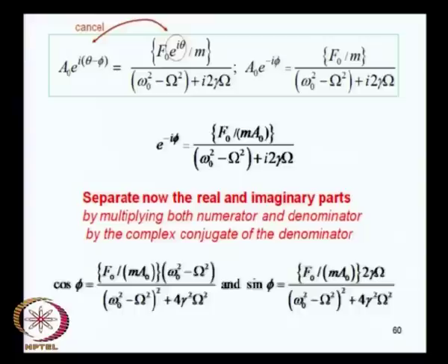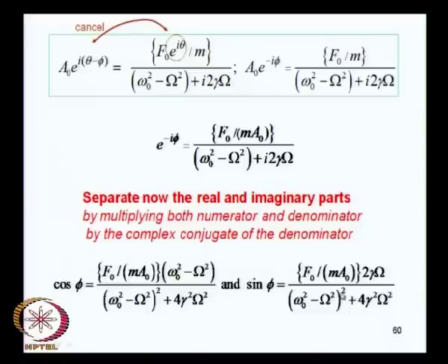Now, once you do that, you equate the corresponding real part. So, the cosine phi becomes equal to this quantity over here. Notice that the denominator is just the product of this number with its complex conjugate. So, you get the real part which is equal to cosine phi, and then you get the imaginary part which is equal to this part over here.